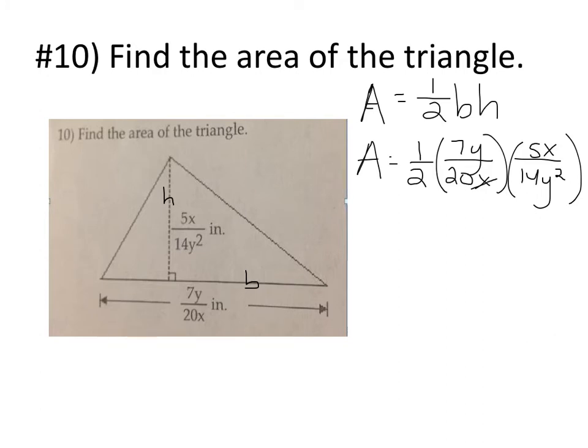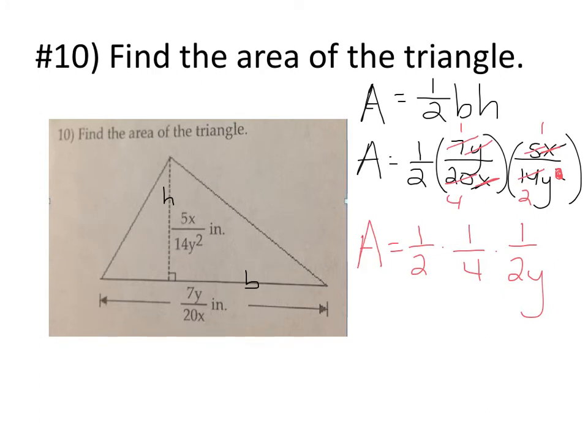So like this x and this x cancel each other. I'm going to switch colors so you guys can see that. This x and this x cancel each other. This y cancels one of these y's. This 7 and this 14 can become 1 and 2. And this 5 and this 20 can become 1 and 4. So you're essentially left with A is equal to 1/2 times 1/4 times 1 over 2y.